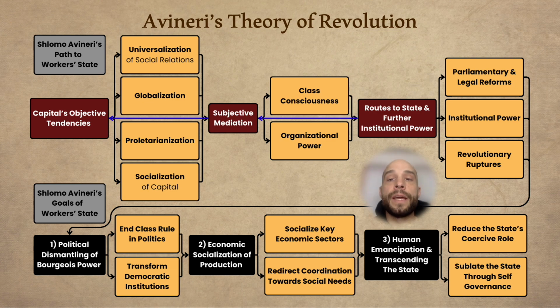All of these relate to achieving full, deep, and real universal suffrage, or a politics that represents the people. The first step is dismantling bourgeois class power in government, the second is the socialization of the economy, and the third is about creating such a society that the coercive state is no longer necessary and can finally wither away. Okay, let's get into it.